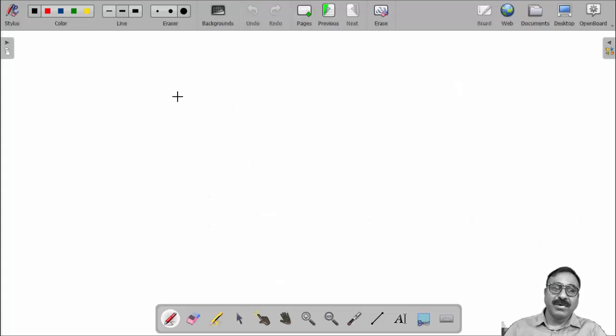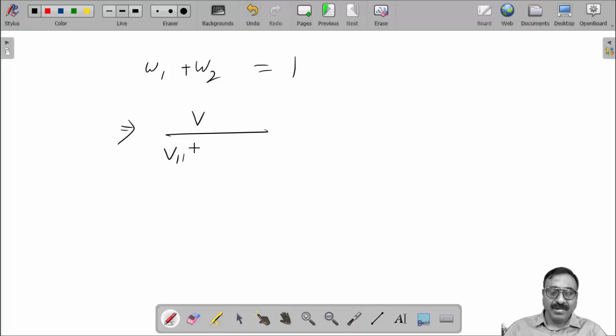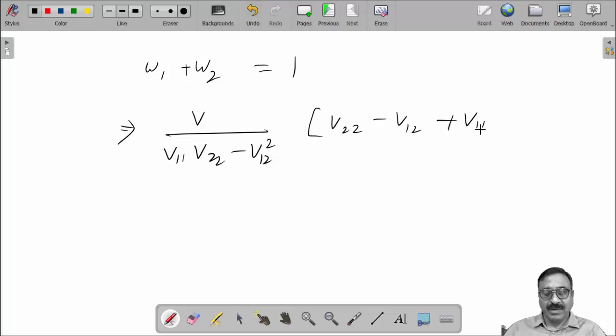Since W1 plus W2 equal to 1, we have V divided by V11 V22 minus V12 square into V22 minus V12 plus V11 minus V12 equal to 1, using the values of W1 and W2.